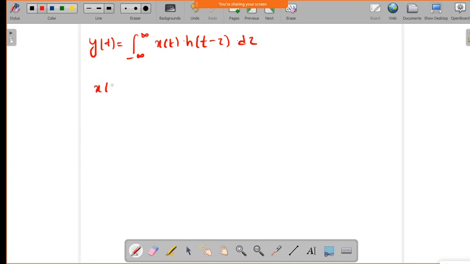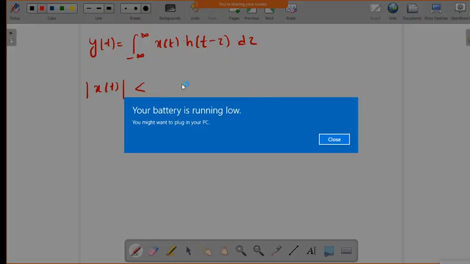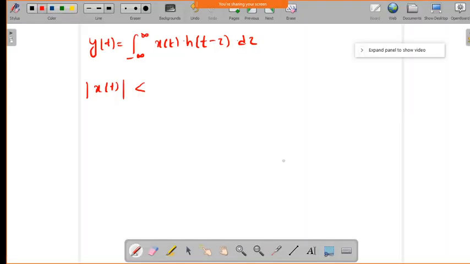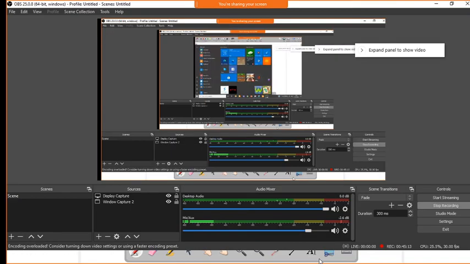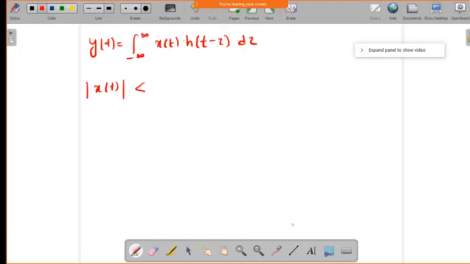Now your x of t is bounded, that is, the input is bounded by some value which is less than infinity. So your output should also be bounded.